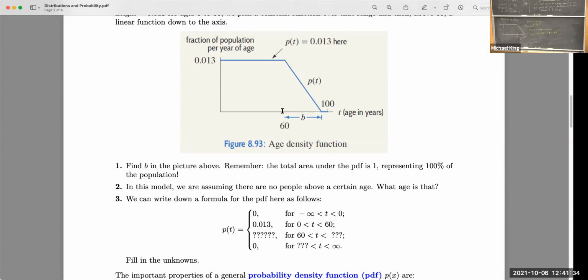Is that what people are doing? Like the rectangle plus the triangle? Did people solve for B? What did you get? 33.846.